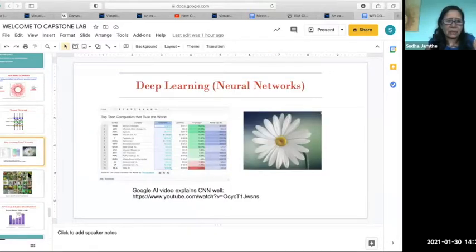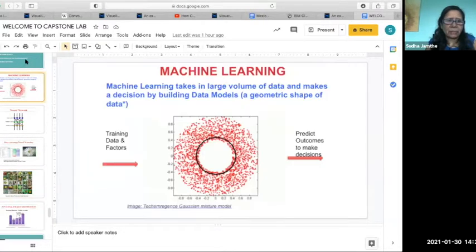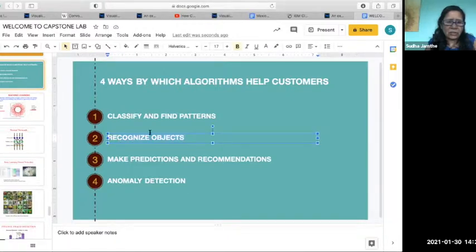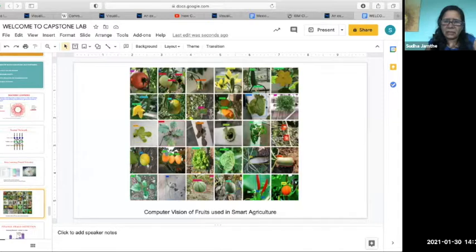Before I close out this topic, if you remember, we said all algorithms ever done are going to do only one of these, right? Recognizing objects is usually to identify the object, so that is computer vision. It says, hey, here's a tomato, or here is lettuce.